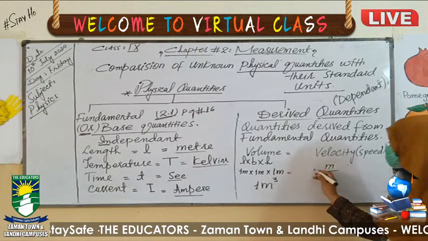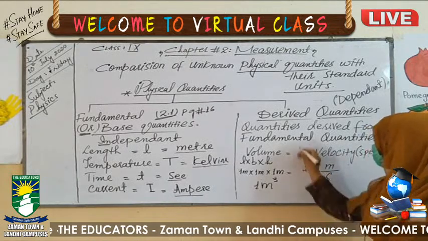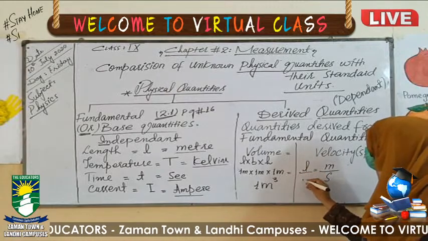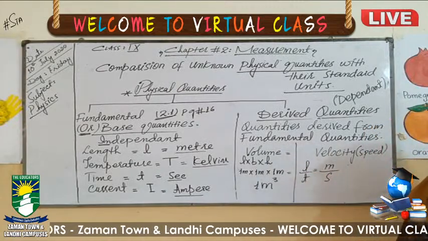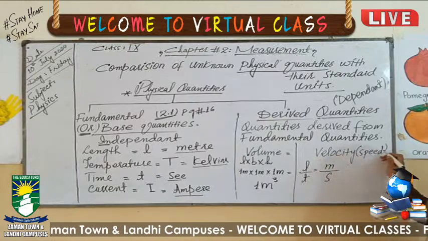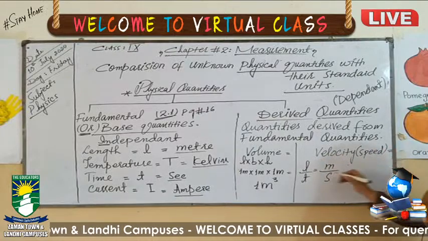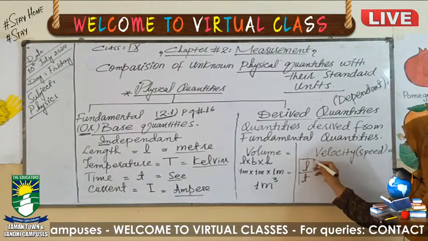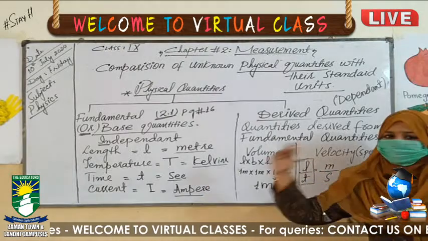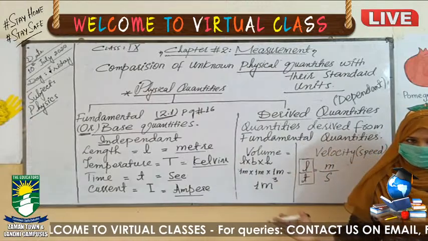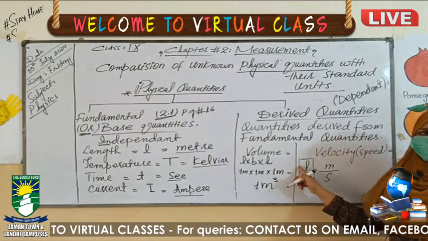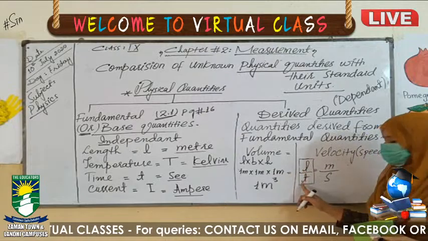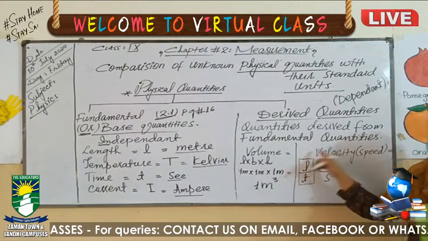Meter is the unit of length while second is the unit of time. The formula of velocity is length upon time, or the distance covered by any vehicle in a particular time.